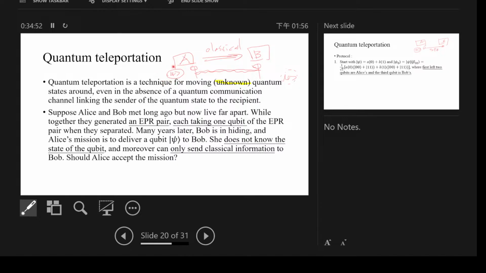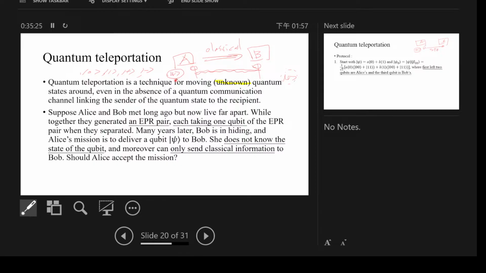This state needs to stay unknown, and Bob will still hold it as an unknown quantum state. So this state can be really anything. For example, in our QKD example, this state can be any of 0, 1, plus, minus. If Alice tries to learn this state, she will measure in some basis, and this will collapse the state, and she will never be sure what the state is.